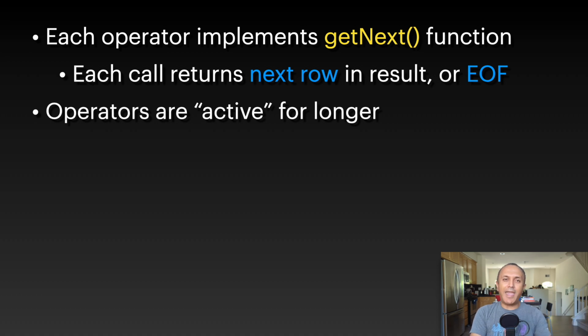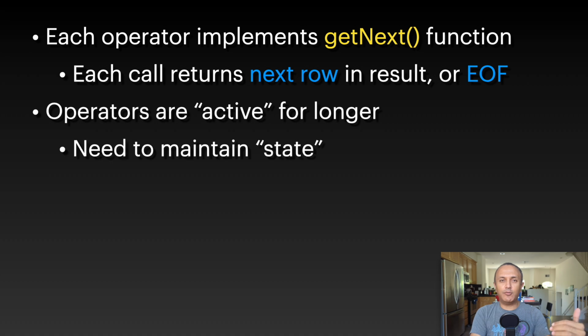And part of being active, it needs to know where it is right now or where the next row is. So it needs to maintain some state information, right? So it needs to say, okay, this is what we've returned so far, and the next time I'm going to return this data. So it needs to maintain that state somehow and know how much it has returned, or what the next row is.